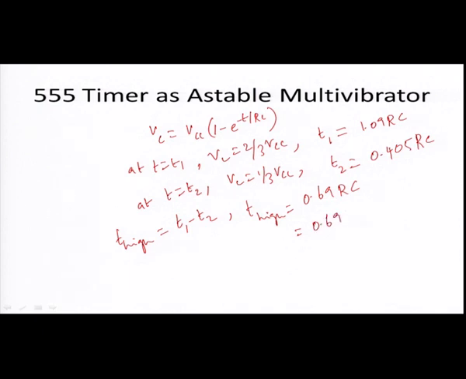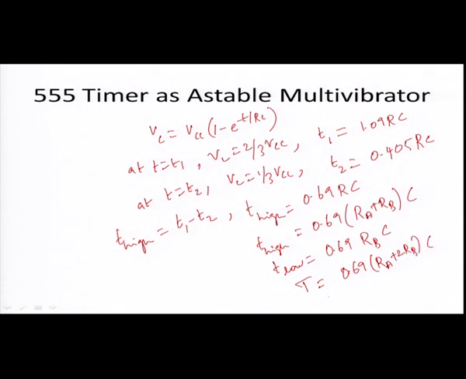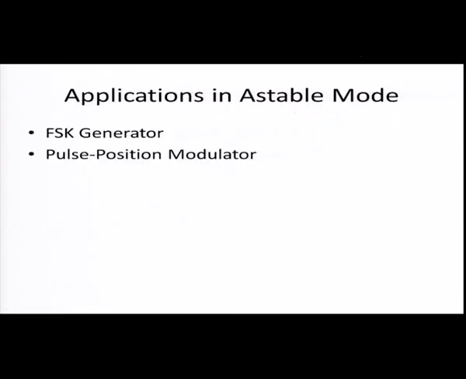So, the capacitor is charging through RA and RB, so you have to substitute the summation of the two resistors instead of R. This is T high, and T low will be the discharging period. It is 0.69 only through RB and C, and the total will be equal to 0.69 into RA plus 2 RB into C. So, this is the time period of the astable multivibrator using 555 timer.